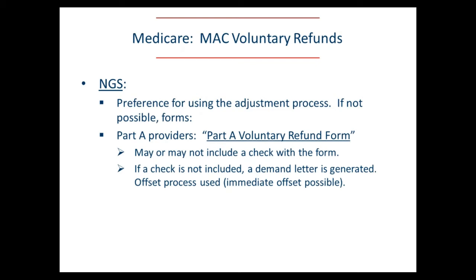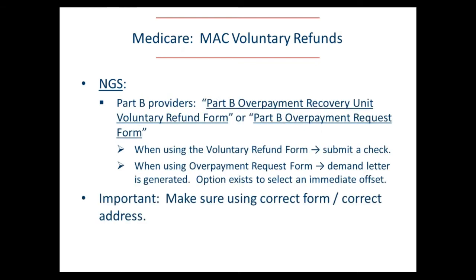You can also fill out yet another form to select to have the overpayment offset, either over time, or there is the possibility of asking for either a one-time immediate offset or a continuing immediate offset.